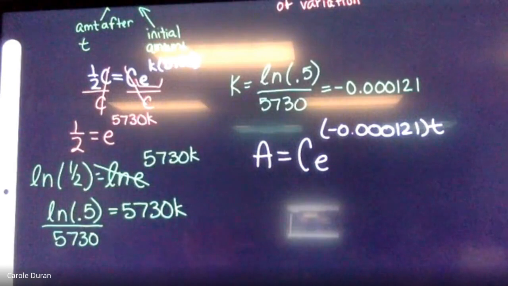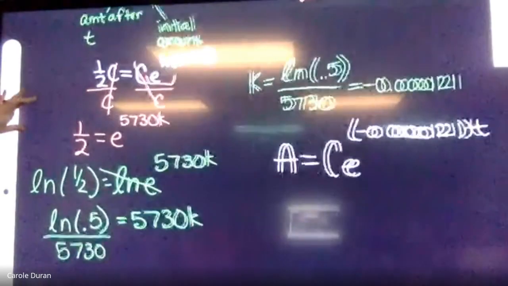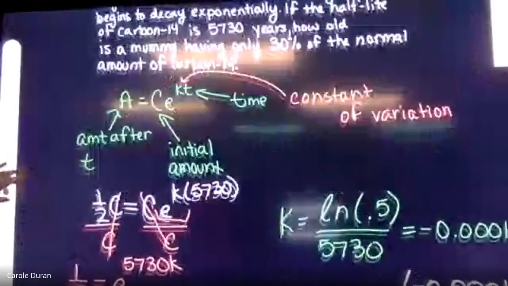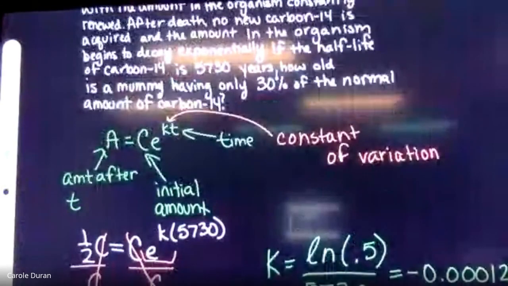And now I get to solve the problem that this was actually asking me to solve. And that is what? The amount of carbon-14 left. Nope. How old is a mummy that has 30% of its carbon-14 left?